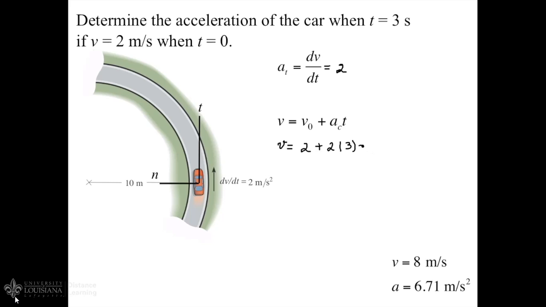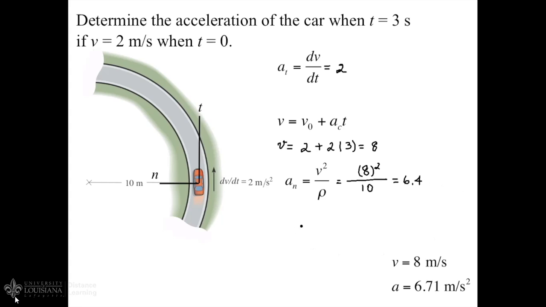And working this through, of course, you get an answer of 8 meters per second, our velocity. Now that we know it, acceleration in the normal direction is simply equal to our value of 8 squared divided by the radius of curvature of the path, which happens to be 10. If you work it through, you get an answer of 6.4 meters per second squared.